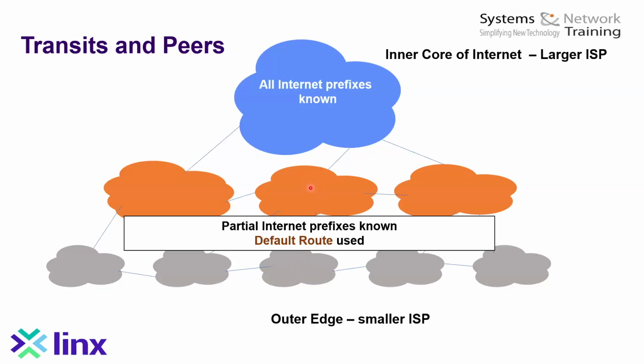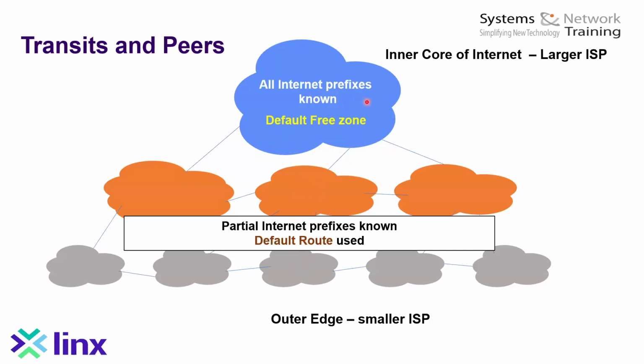And if the orange provider still doesn't have a route, it will send upstream to its transit provider. So gray is paying orange, orange is paying blue, and the packets get forwarded to blue because blue knows about all of the routes of the internet.